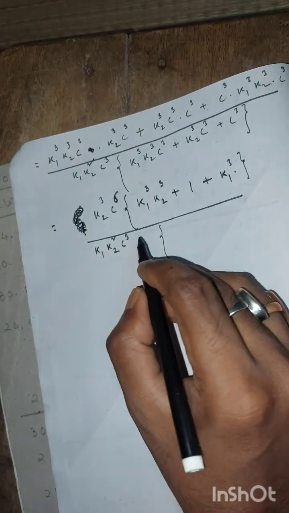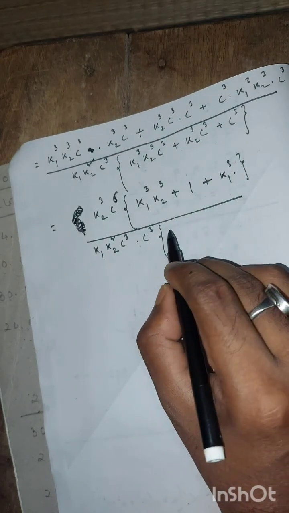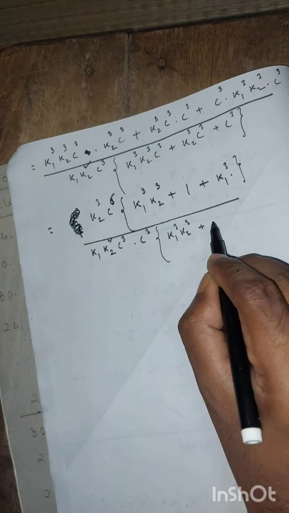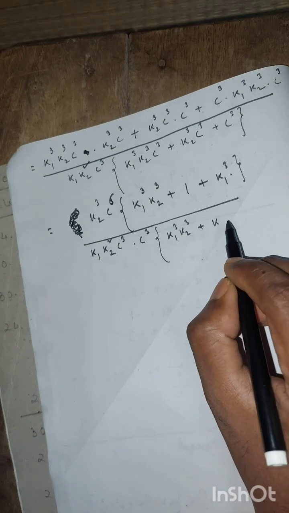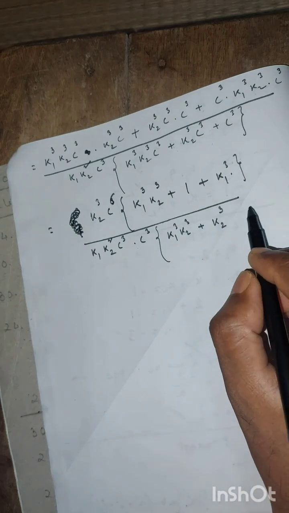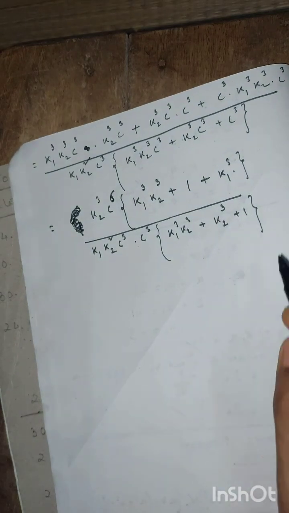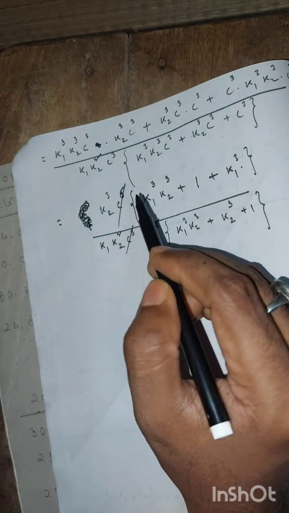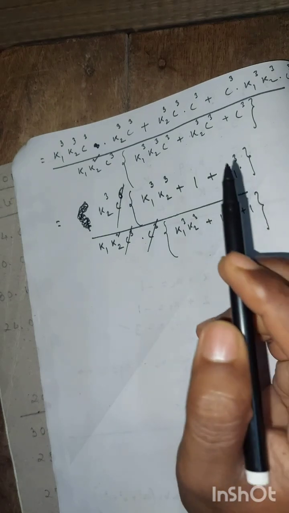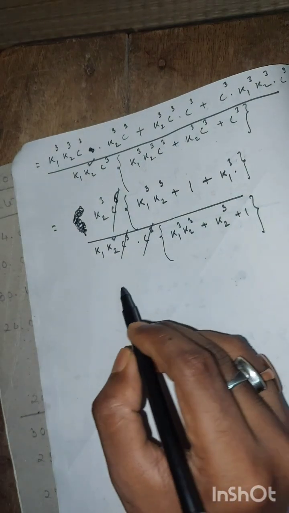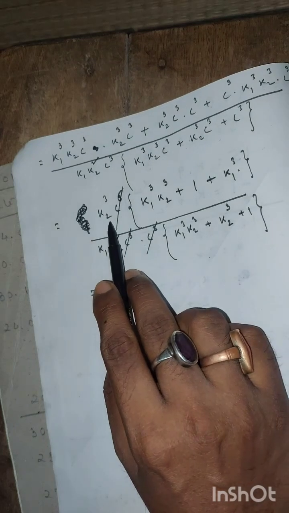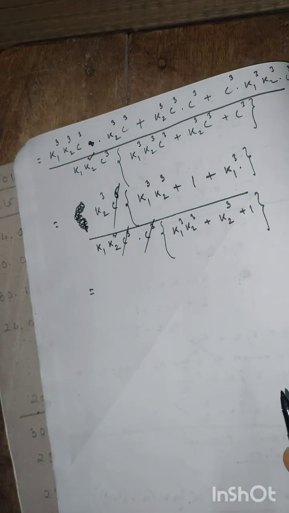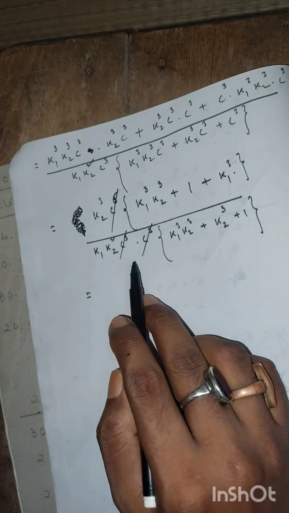We are taking C cube common. So we can say this thing is a constant. So we can write this thing as c.